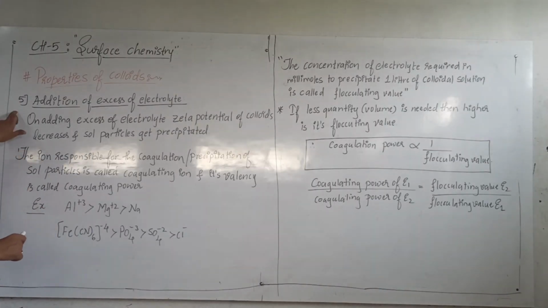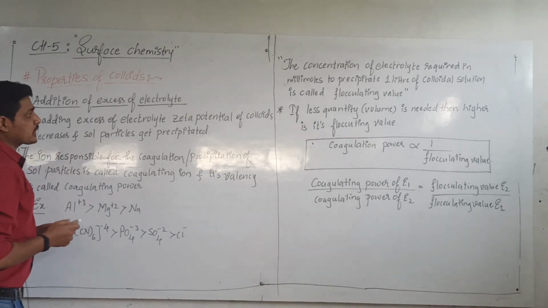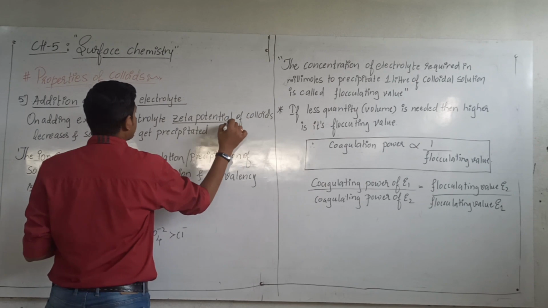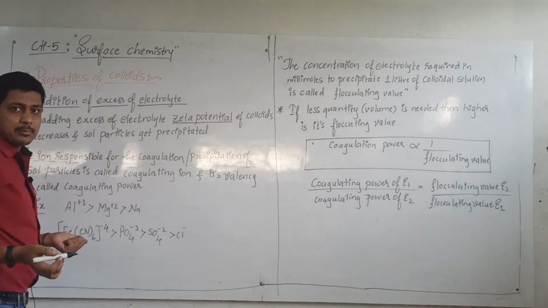Now we will study the fifth method for the precipitation of colloids, which is by addition of excess of electrolyte. On adding excess of electrolyte, zeta potential will be decreased. This we have already discussed, isn't it? What is the zeta potential?